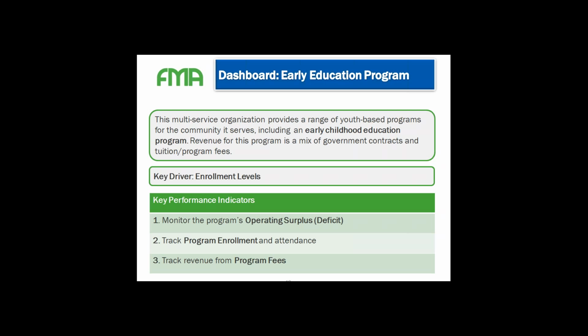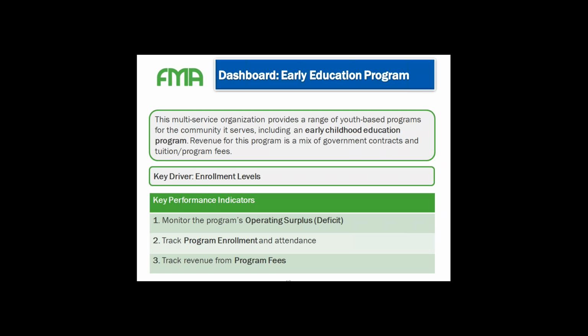So we're going to start with an early education organization. And the first thing, again, with this dashboard design is we want to think about which are the key drivers for the early education program. Whenever you have a fee-for-service type model, enrollment levels are the key, and also the profitability of the programs given those enrollment levels. So if enrollment levels and profitability of the program are what we're going to measure, we're going to do three particular things.